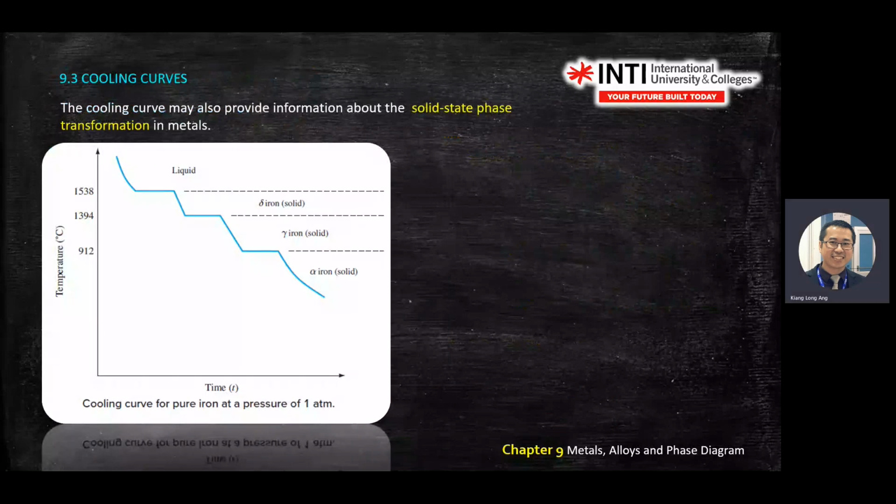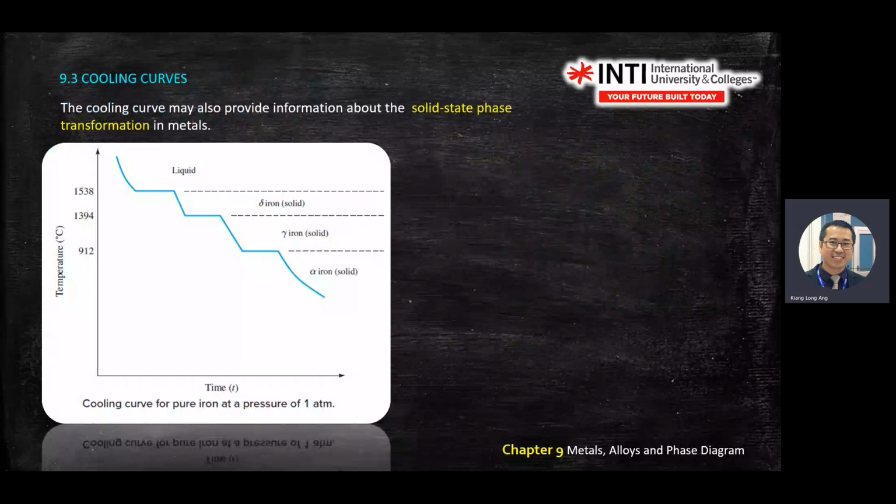Okay, another one is also temperature and time, but this one is for iron at one temperature, one pressure. So at 1 atm, when you cool down, it will change from liquid at 1538, then flip to delta, drop to gamma, drop to alpha.